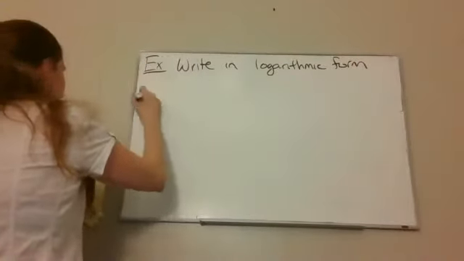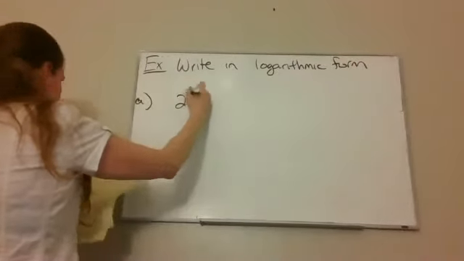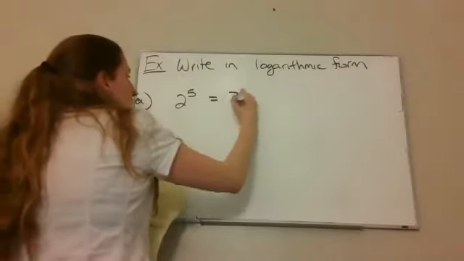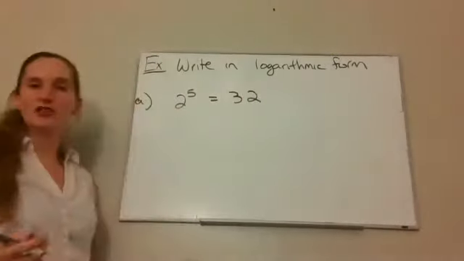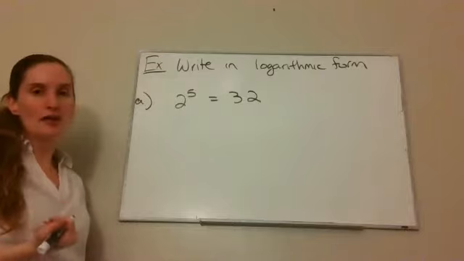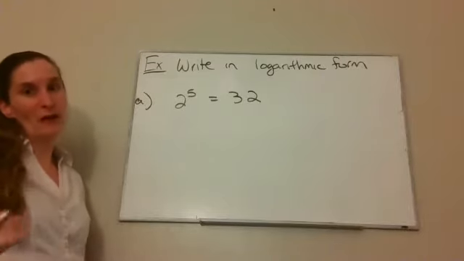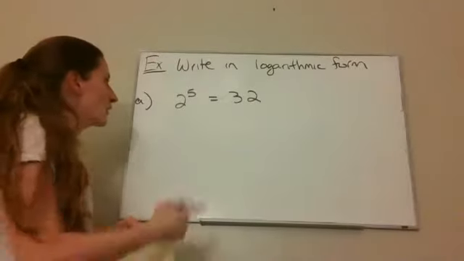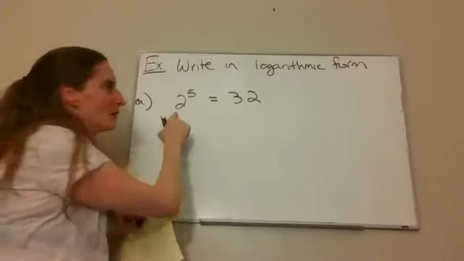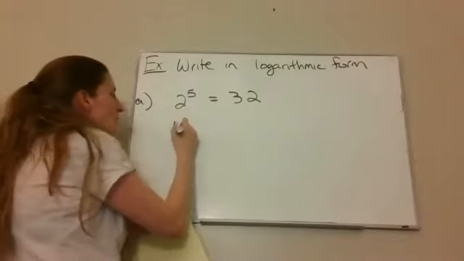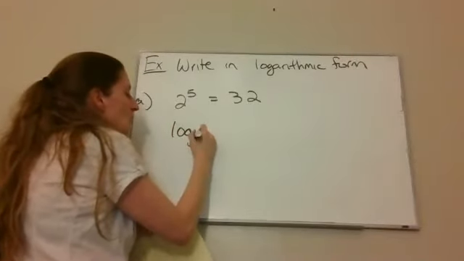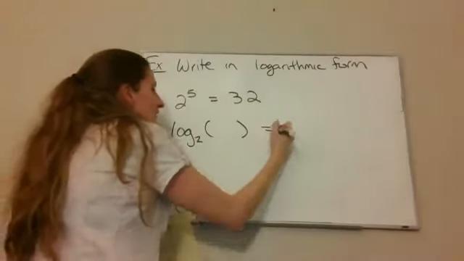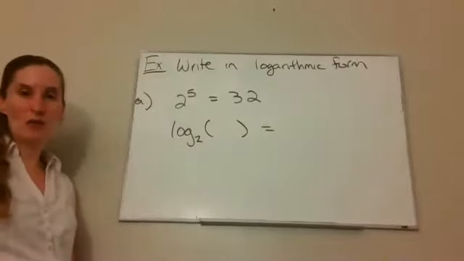And my first one is 2 to the 5th is equal to 32. And I want to write this as a logarithm. So the easiest part is figuring out what the base of the logarithm is, because the base of the logarithm is also the base of the exponential. So I know I'm going to have a log base 2. We just have to figure out what goes in which spot.